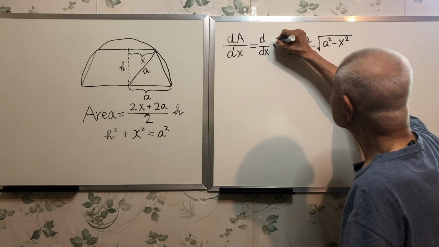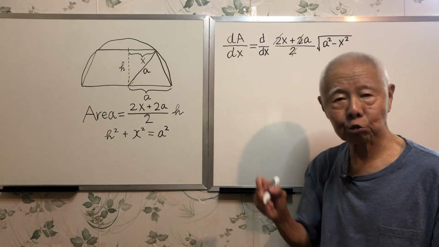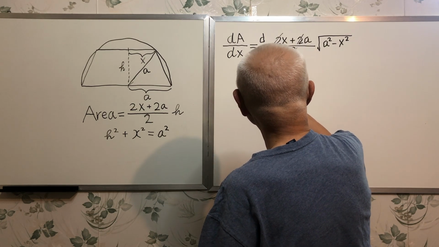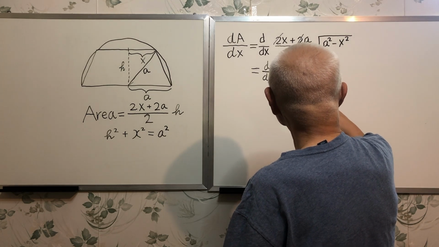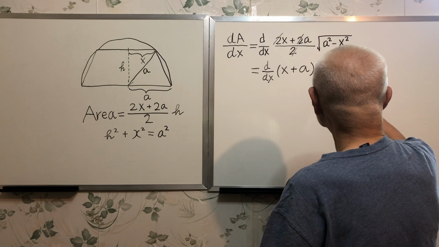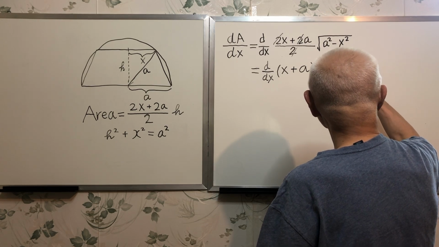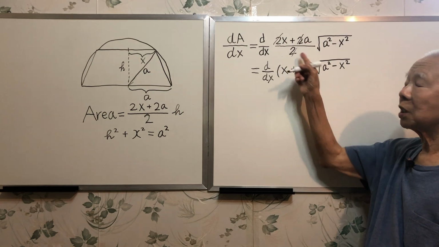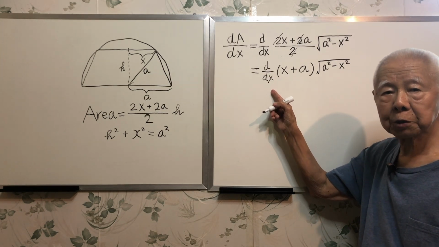The 2 cancels out. I have this left. Now I can do the derivative with respect to x.